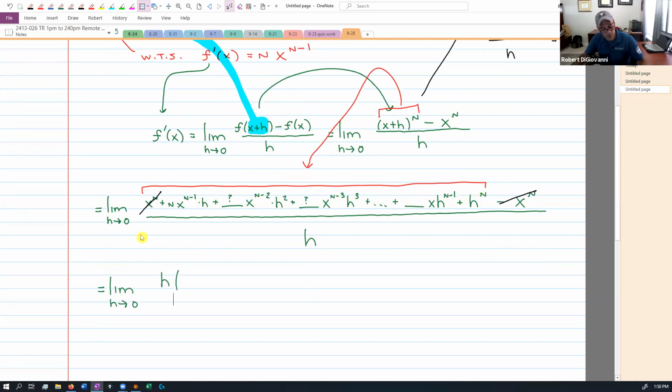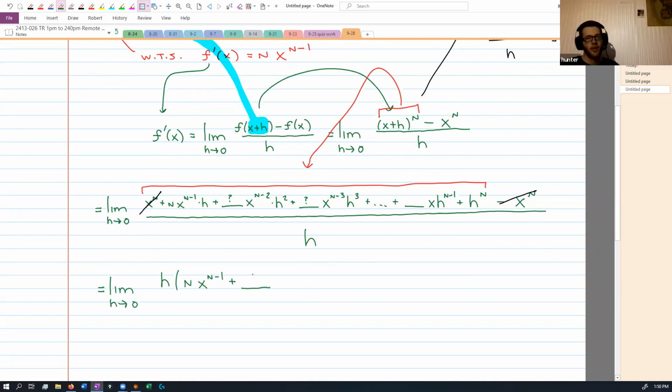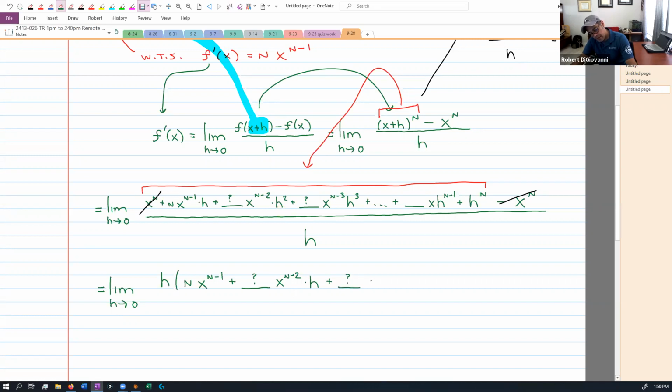So when I pull an h out of here, what am I left with? x to the power of n minus 1. That looks familiar. Plus x to the n minus 2. I pulled one h out, but I still have an h. Plus x to the n minus 3. I pulled one h out of this one, which means I still have an h squared.